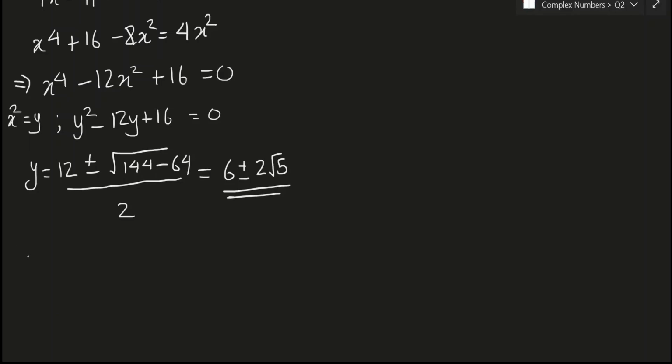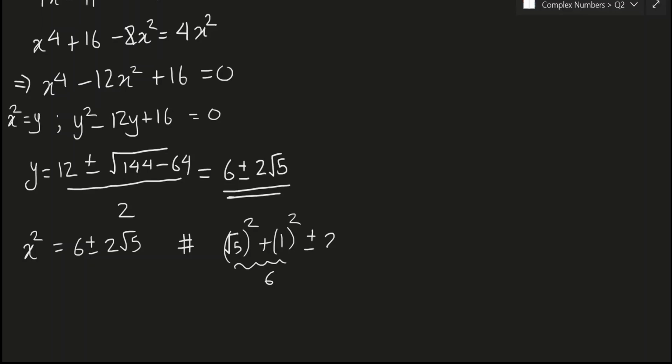Since y is equal to x², I can say x² is equal to 6 plus minus 2 root 5. Now notice what I'm going to do here: I'm going to write 6 plus 2 root 5 as root 5 square plus 1 square, plus minus 2 times root 5 times 1.